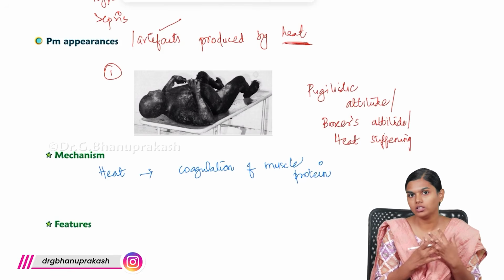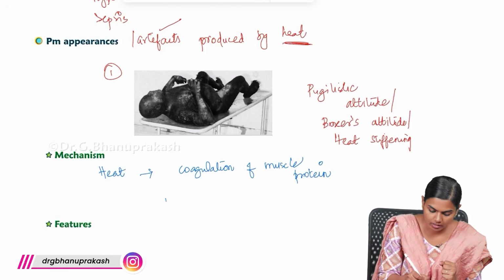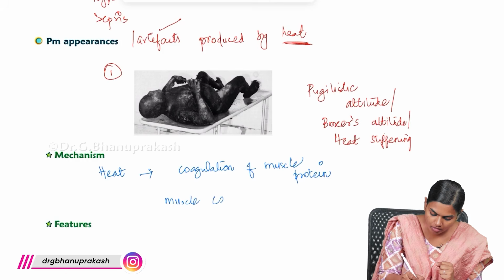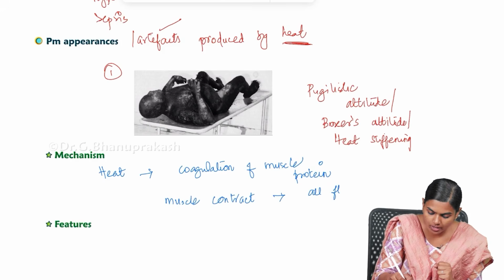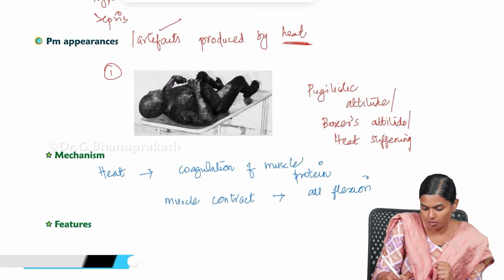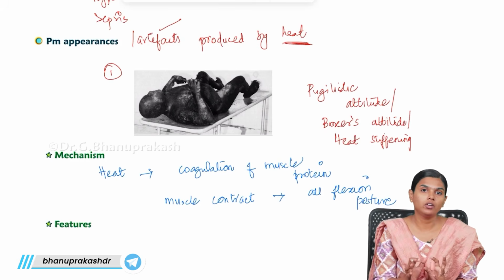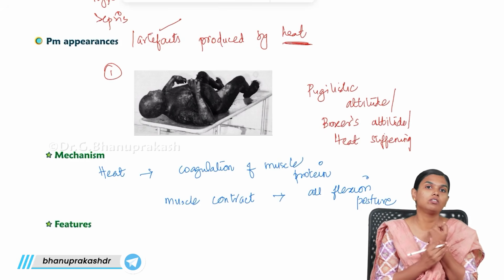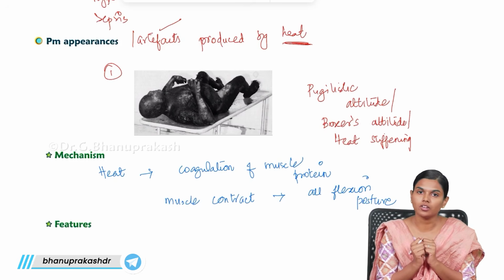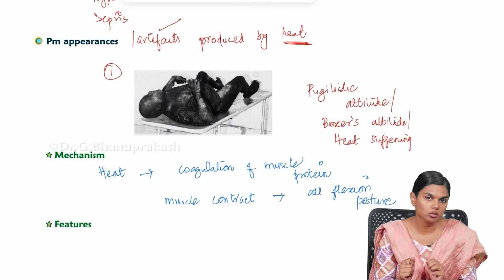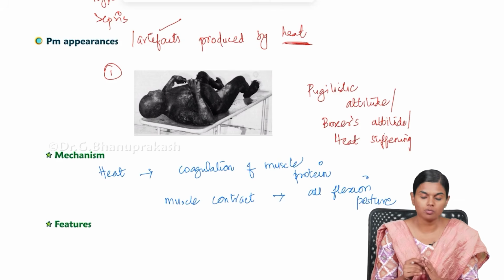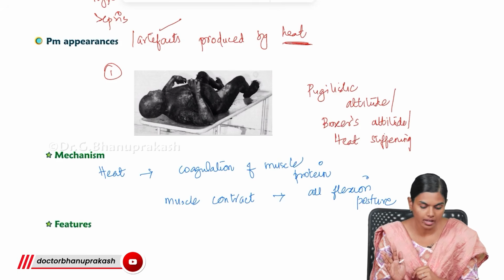All the muscles will contract, and it will assume an all-flexion posture. So, all the joints will go into flexion, which means it is the boxer's attitude, right. So, elbow, everything will flex and they will look like they are trying to box. So, that is why it is known as boxer's attitude or pugilistic attitude.